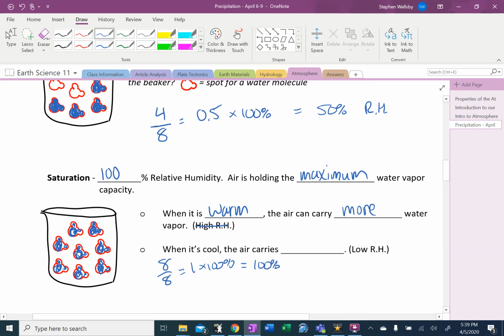That's what we call saturation, 100% relative humidity. Now, a warm body of air is like a sponge that's not being squeezed. When the air cools down, you can think of that like a sponge that's being squeezed.